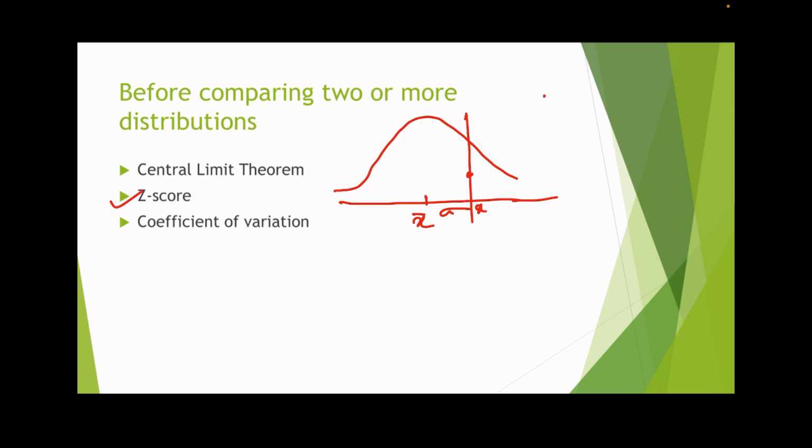So I have one observation and I want to understand how far this observation is from the average of the population, and we don't want it in absolute units, we want it in standard deviation units. How many standard deviation units the observation of my interest is far from the sample mean.